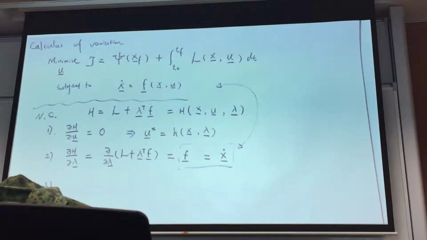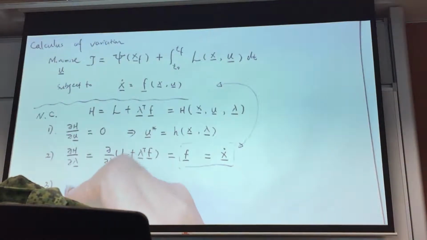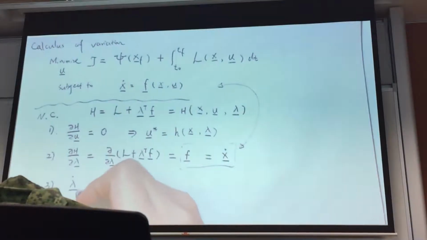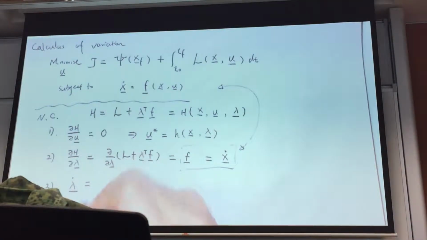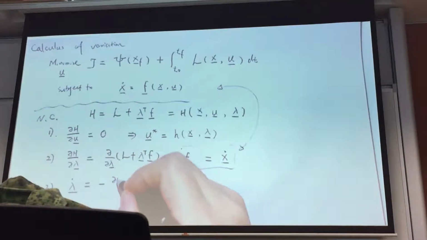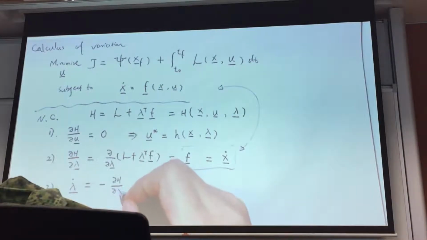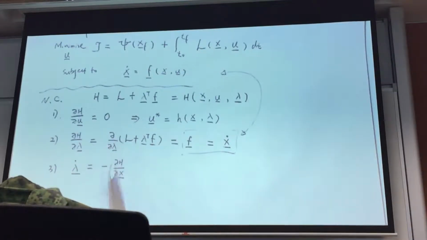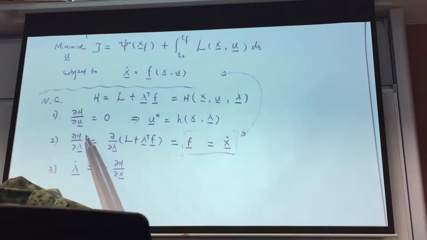The third set of equations is the dynamics of lambda. We know lambda is also a function of time, so lambda dot is equal to minus dH/dx.